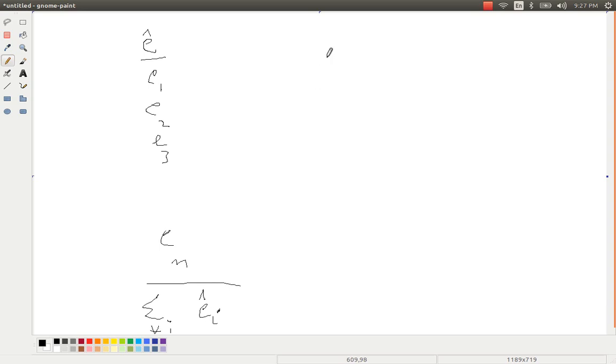Now when I divide it by the variance of the error, then I can compute a chi-square statistic. That is, the chi-square statistic is roughly equal to 1 by sigma square, sigma for all i of E i hat square.